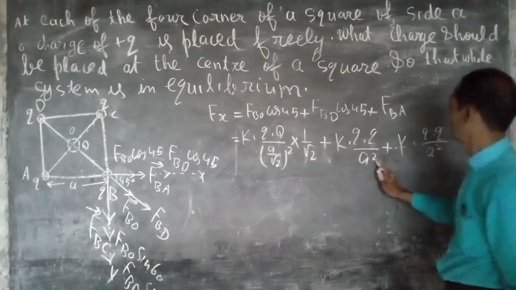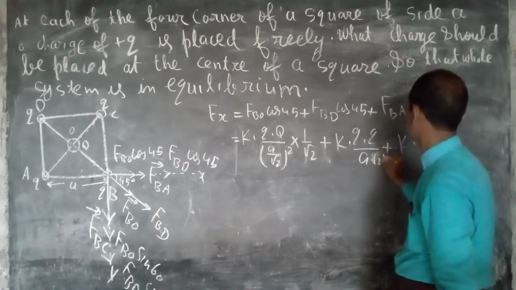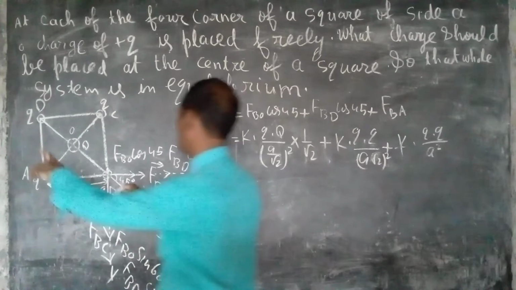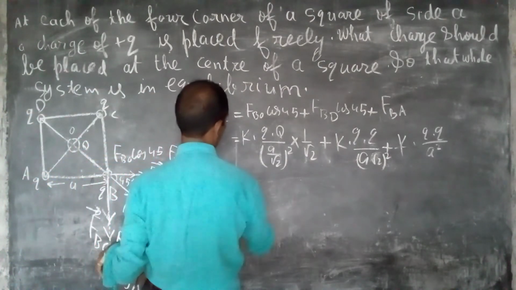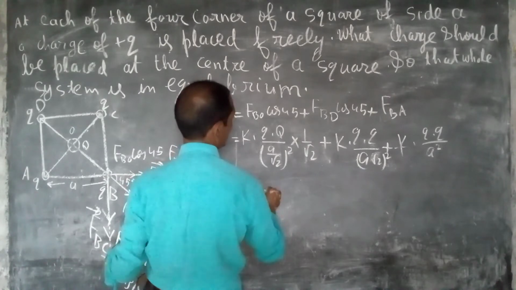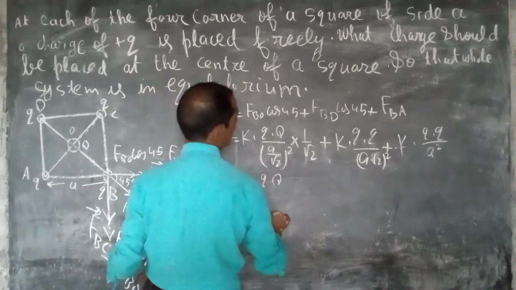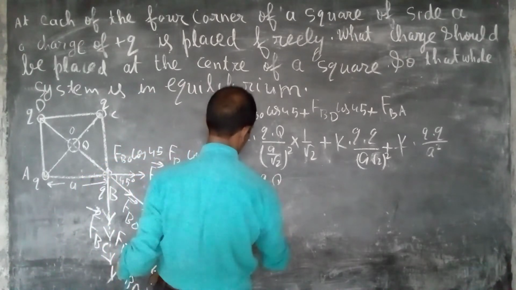For FBD, the distance is the diagonal length BD, which is a root 2, whole square. Now let's simplify. Take K common, and q is common, and K q upon a square is common.